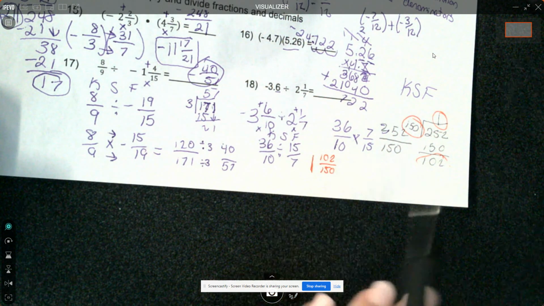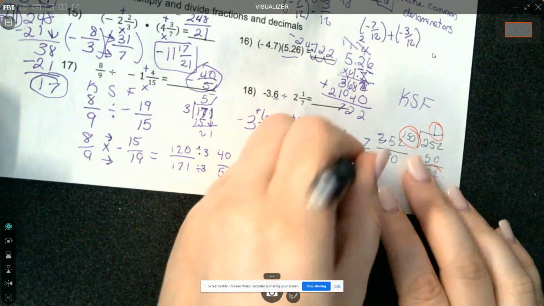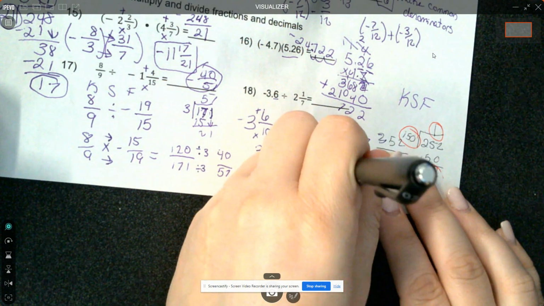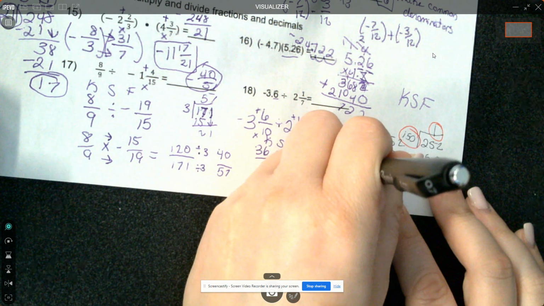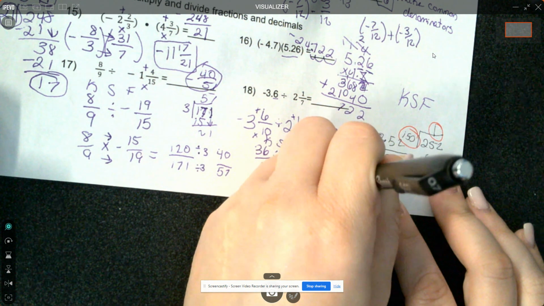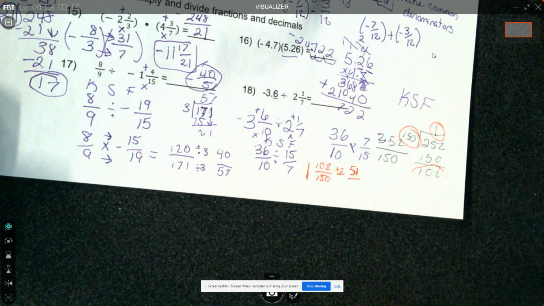So what will go into 102 and 150? Cyrus, what goes into 102 and 150? 2. They're both even numbers. So 102 divided by 2 would give me 51. And then 150 divided by 2 would give me what? 100 divided by 2 is 50. 50 divided by 2 is 25.